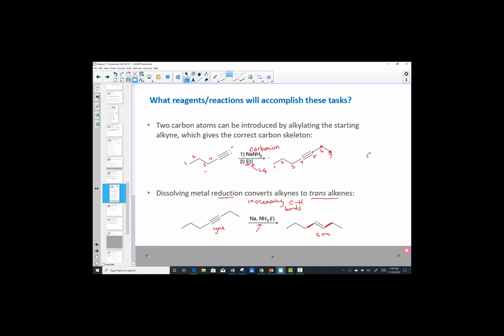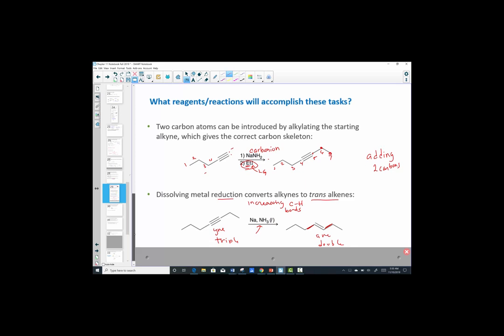So we accomplished 2 things here. We added carbon to the carbon chain by using a terminal alkyne followed by a substrate with 2 carbons and a good leaving group like iodine. The next thing we did, we added 2 carbons as the first step. And in the second step, we changed from a triple bond to the double bond. And to do so, we used elemental sodium and ammonia.